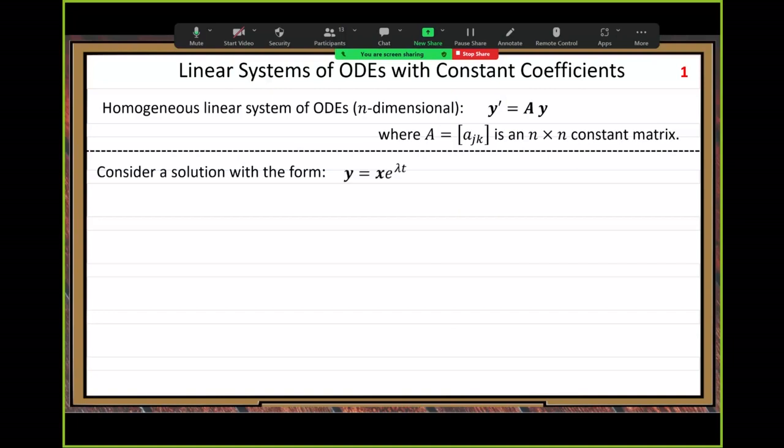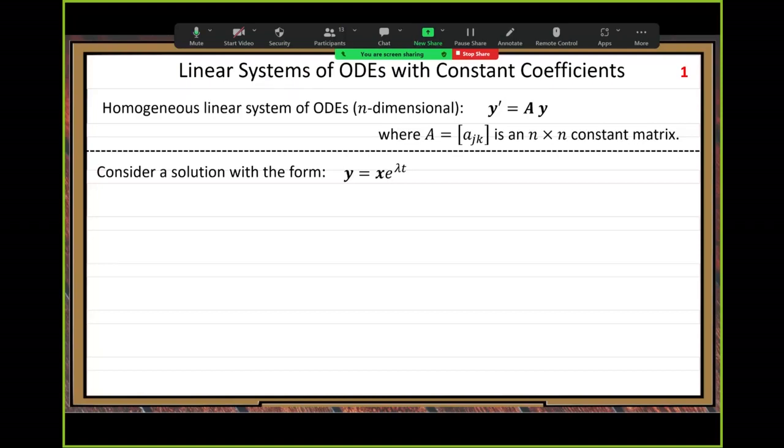So consider a solution with the form. Here we go back to the beginning. When we find a general solution, this is a vector form differential equation.